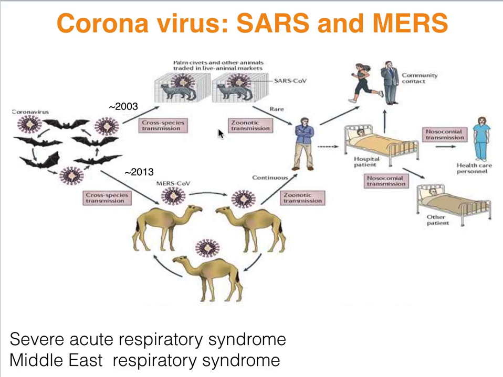we are facing now. And in 2013, another one transmitted to humans. This one was circulating in camels already for quite some time, but in 2013 made the jump to humans.